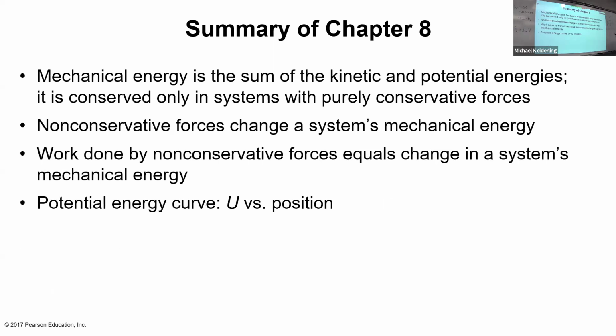Mechanical energy is the sum of kinetic and potential energies, and it's conserved in systems with purely conservative forces. Non-conservative forces change a system's mechanical energy, and that change is equal to the non-conservative work. So the work done by a non-conservative force equals the change in the system's mechanical energy, and a potential energy curve is a curve of potential energy versus position.